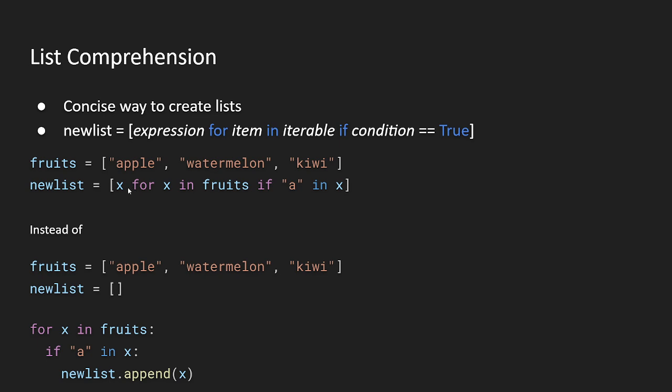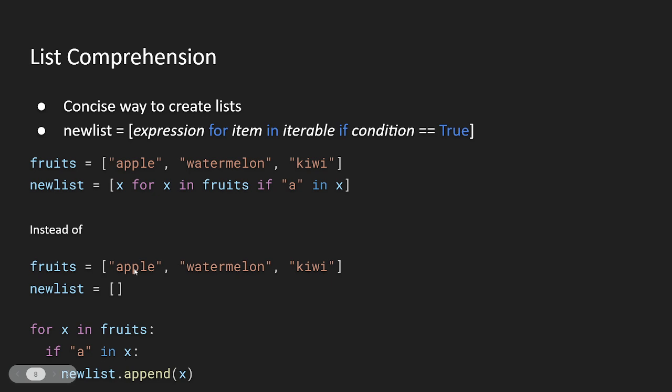So x is just the variable we're going to be using throughout this statement. So for x in fruits, for each fruit, if a is in the fruit, then we're going to add that to the new list. So a is in apple, a is in watermelon, and a is not in kiwi. So the new list is going to be apple and watermelon.